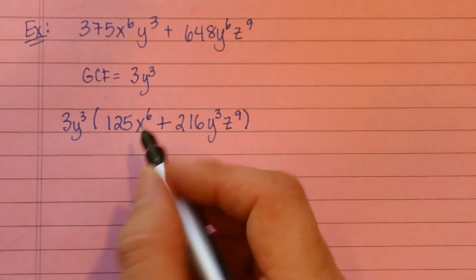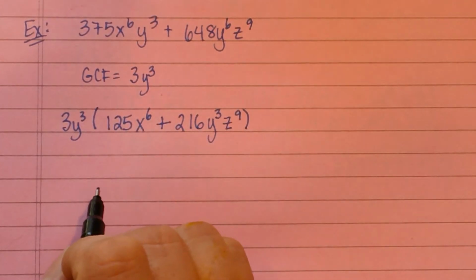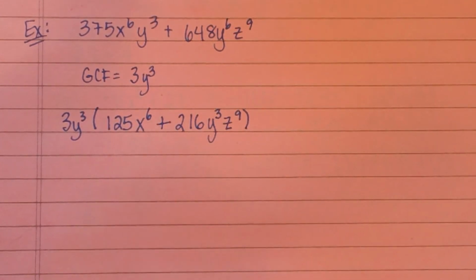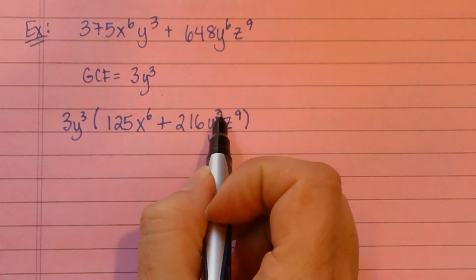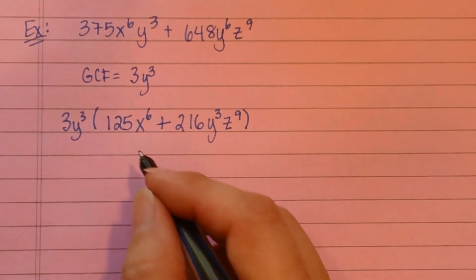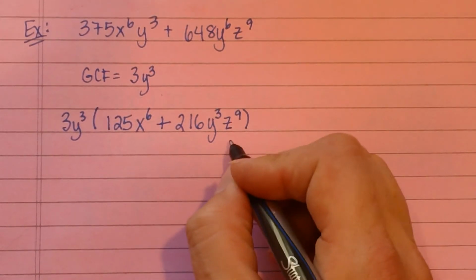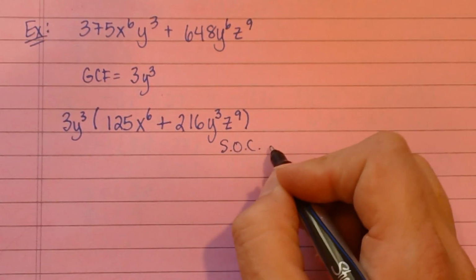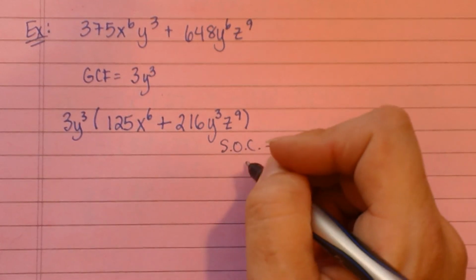Now let's look for our pattern. I have two terms, so I know it's going to be sum of squares, difference of squares, sum of cubes, or difference of cubes. With all these 6s and 3s and 9s in my exponents, that's leading me to believe it's going to be cubes. So let's try for sum of cubes, which follows that pattern.